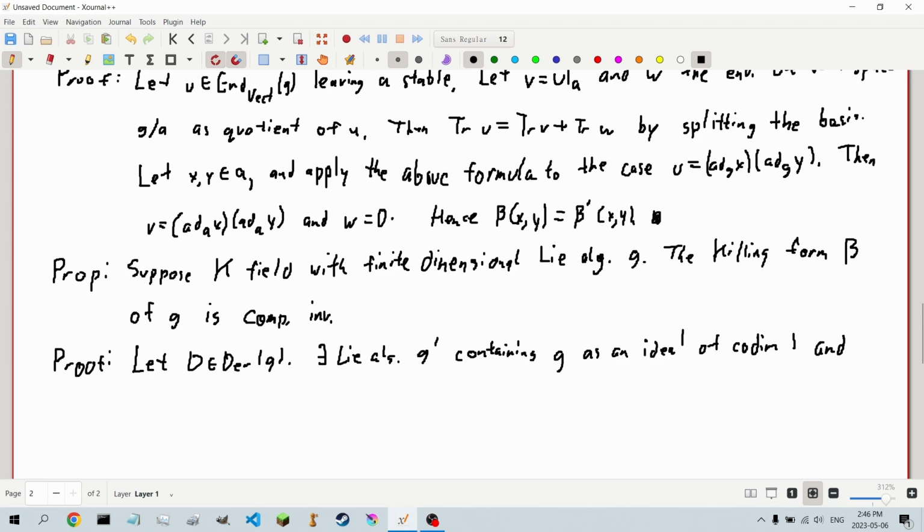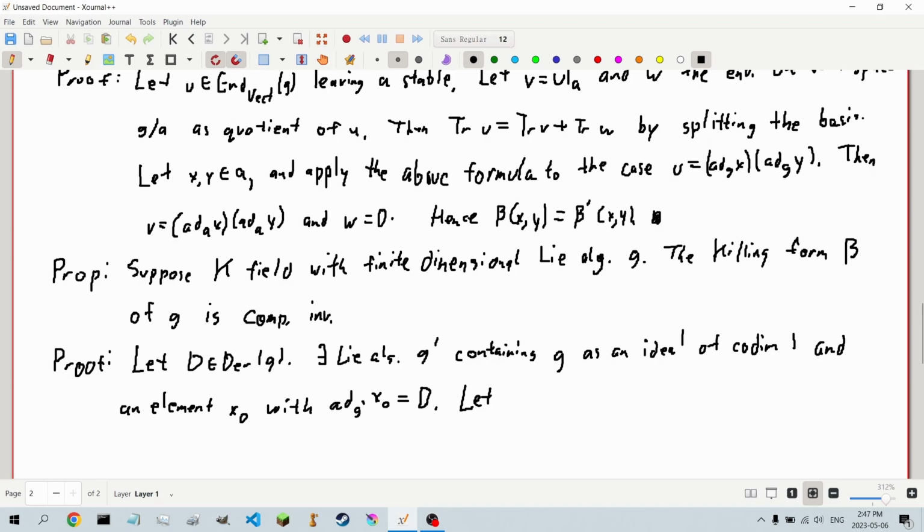It also contains an element x0 with the G prime adjoint of x0 being equal to this derivation. So essentially, d of x is just the bracket of x0 with x inside of G prime.